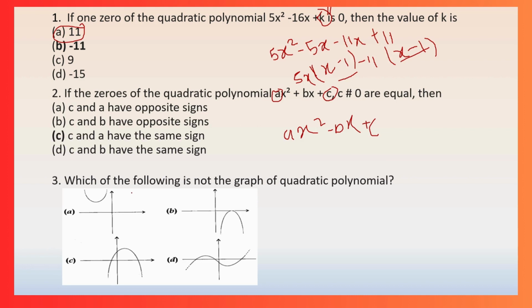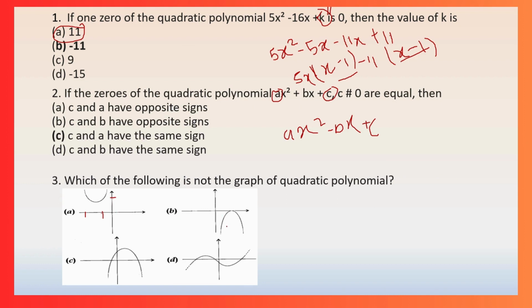The third question is: which of the following is not the graph of a quadratic polynomial? In a quadratic polynomial we have positive or negative values. We have two values on the x axis or two values on the y axis.